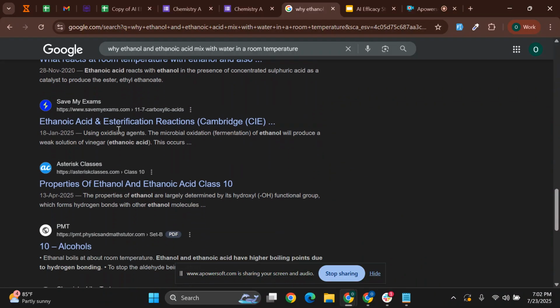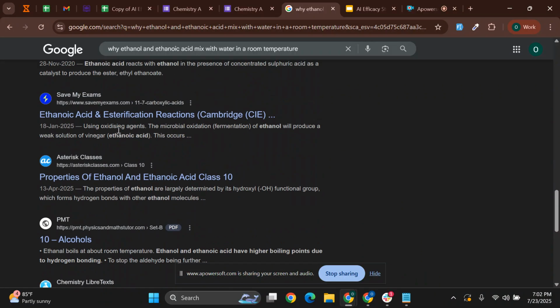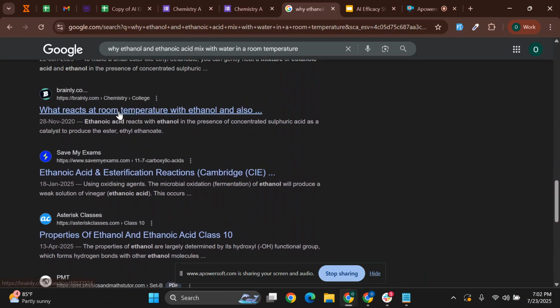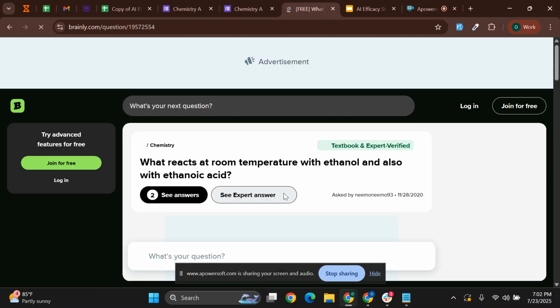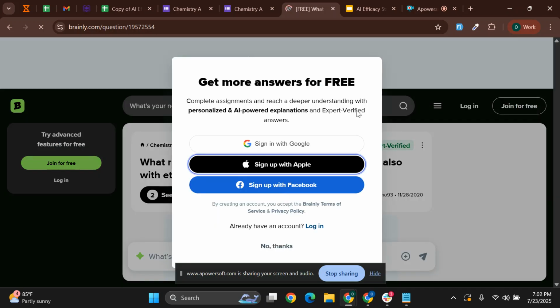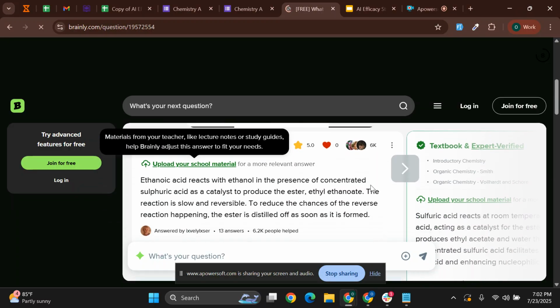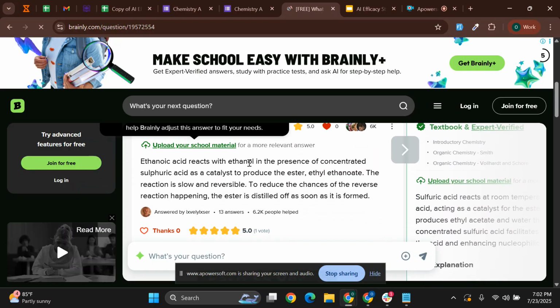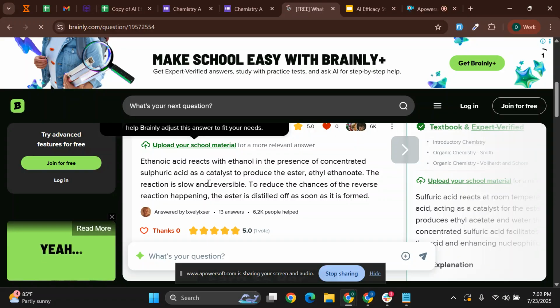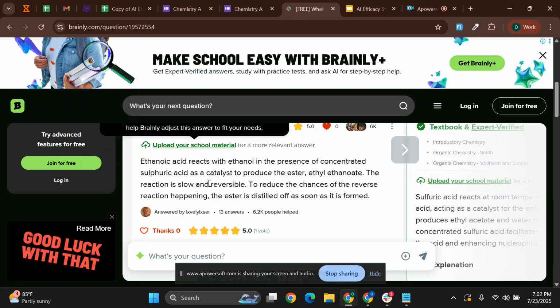Acid reacts with ethanol in the presence of concentrated sulfuric acid as a catalyst to produce the ester.